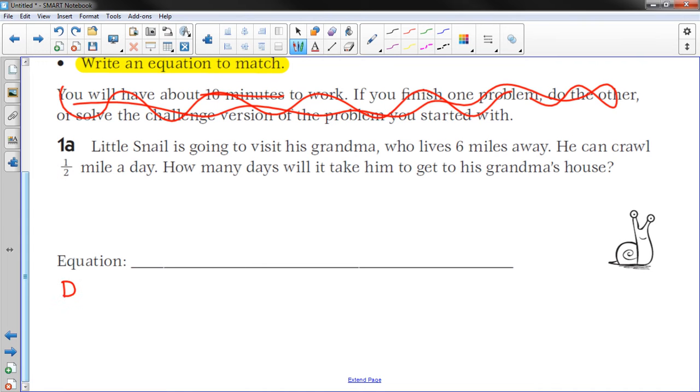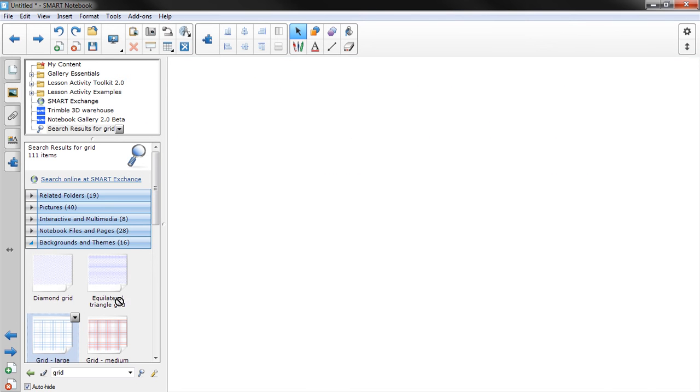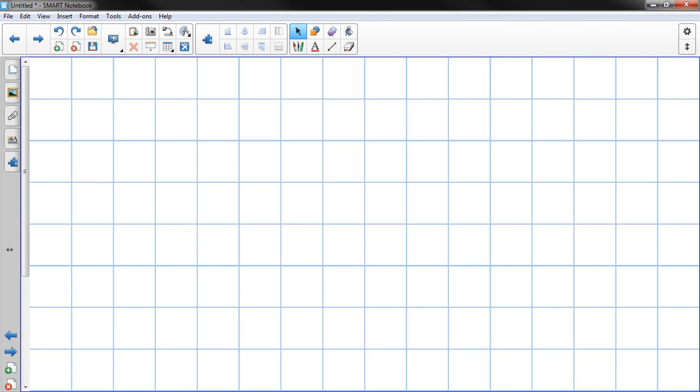So day one, I think I'm going to get some graph paper for this, if that's okay with you. So on day one, he travels half a mile.